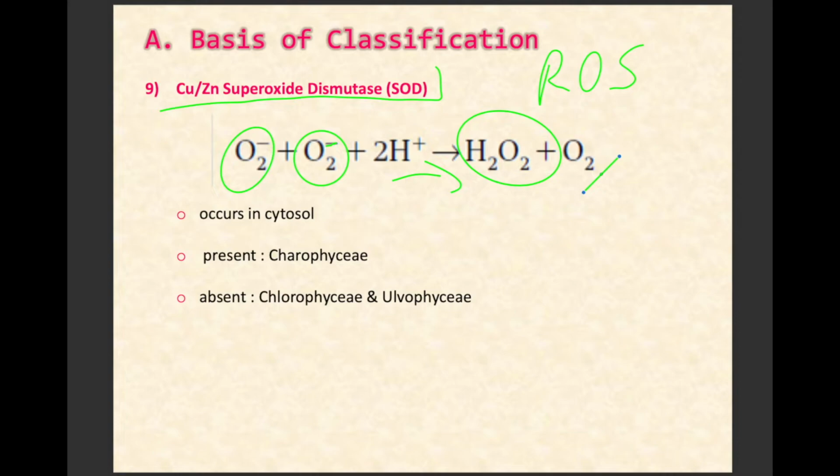So, hydrogen peroxide, mas tolerable siya, mas hindi siya nakakapag-damage ng cell natin. But essentially, toxic pa rin yung hydrogen peroxide na yan. That's why sometimes, di ba kung maalala nyo sa mga bacteria din, this hydrogen peroxide is still broken down to a lesser reactive form.